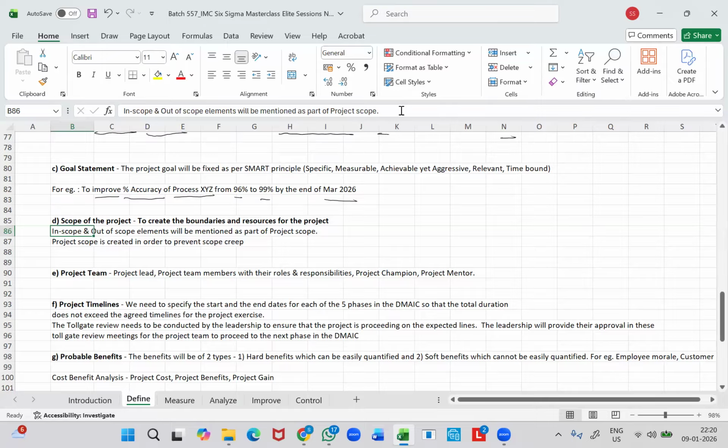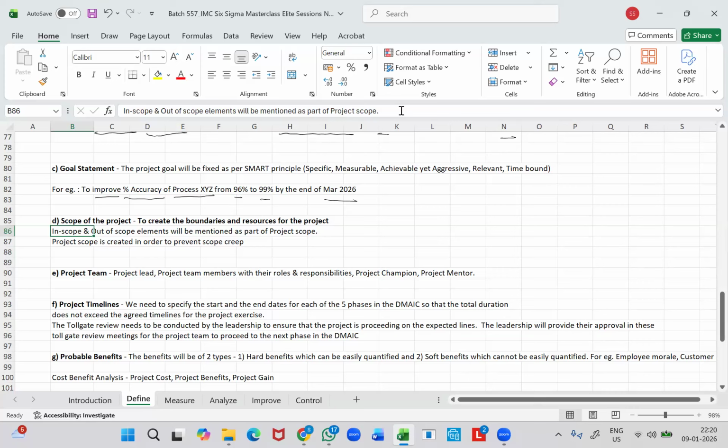But then for out of scope, there will be a tendency for people to write all the other sub-processes. So they will write the sub-process names under in scope. But when it comes to out of scope, they might have a good number of sub-processes being kept out of scope, so they will merely mention all other sub-processes. But people need to be aware that the leadership will not be closely connected with your process, as I told you at the beginning.